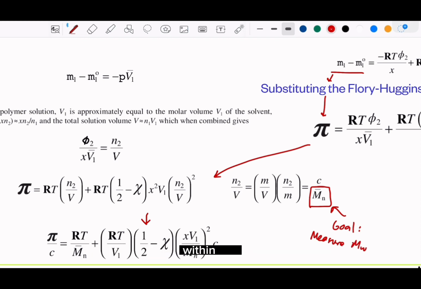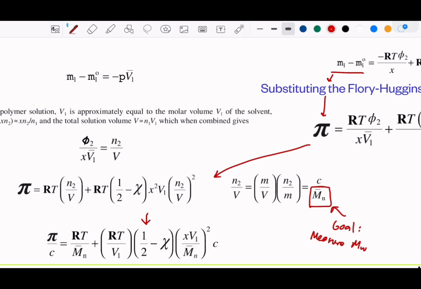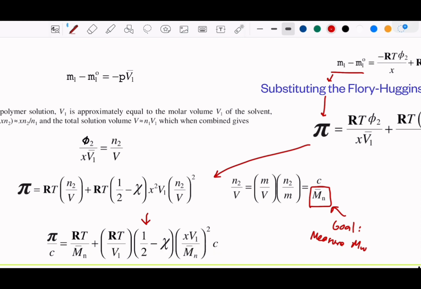Within this, we can see that we could have this. So from the osmotic pressure, somehow we could have some constant, and we could set up some experiment, and then we could find this.